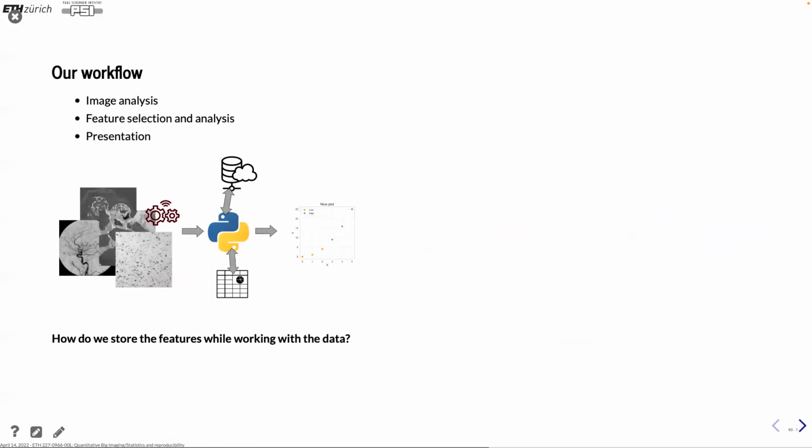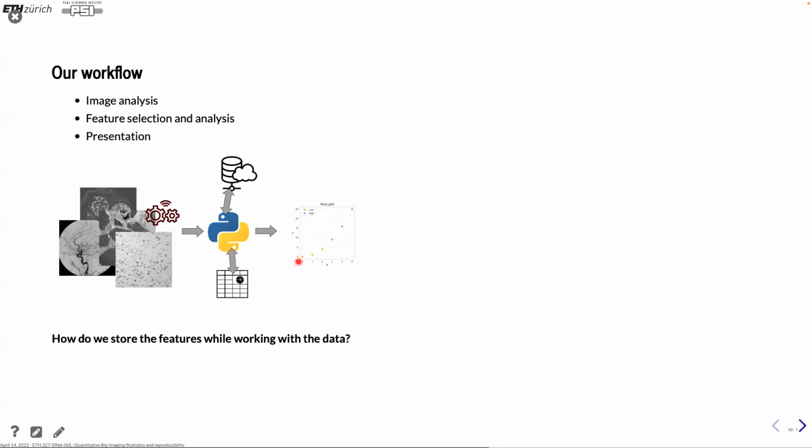Your workflow looks something like this: you have done your measurements, you do some processing using Python, and then you need to store some information that you get out of the analysis, either in spreadsheets or a database, online or locally.